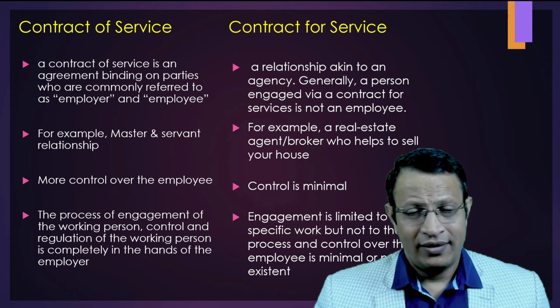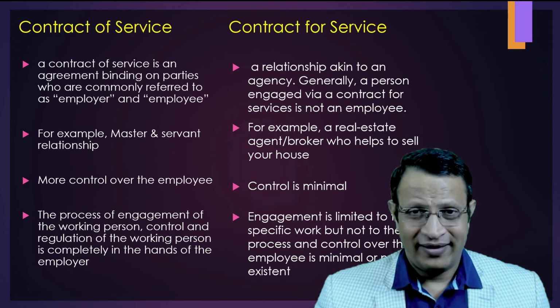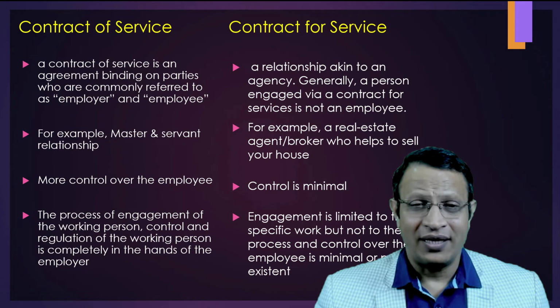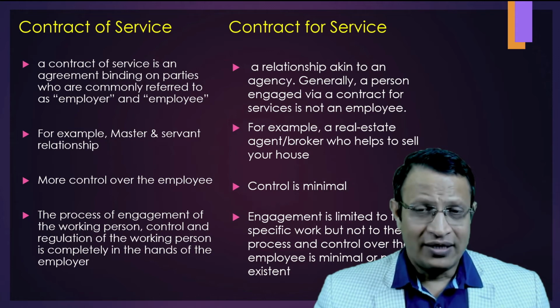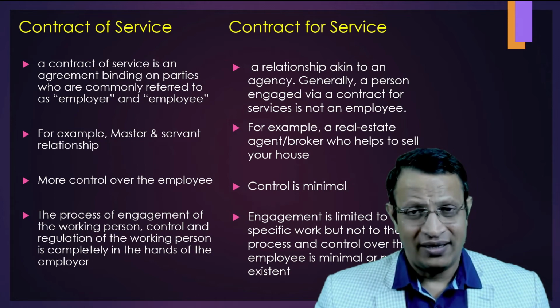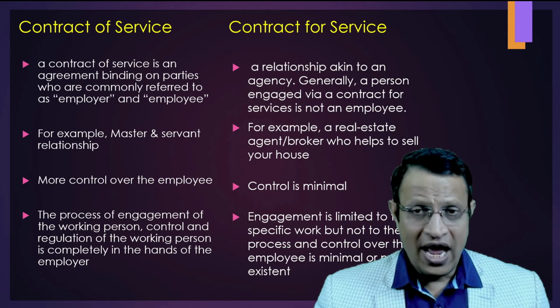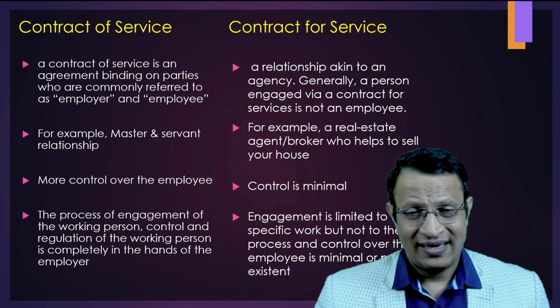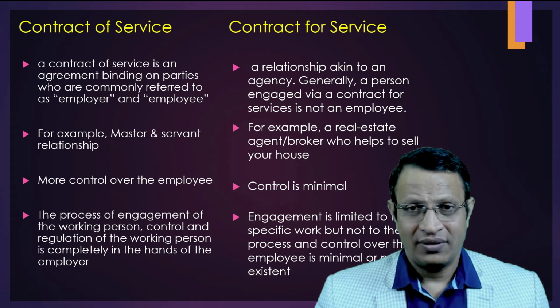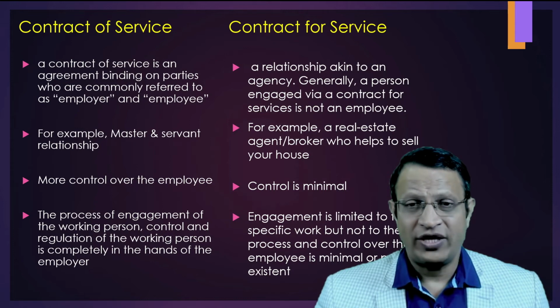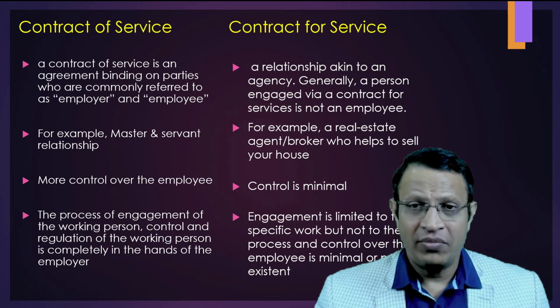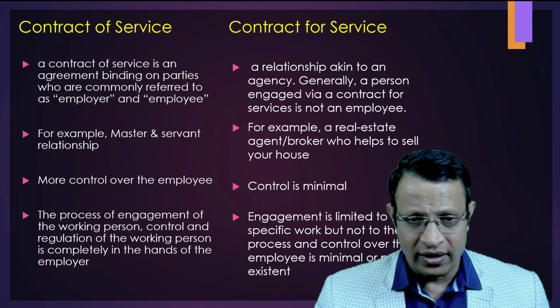Here, the employee is completely under the control of the employer. That means the servant is under the control of the master. And the master is going to dictate terms and also how the job has to be done. He is going to employ him and also fire him if he doesn't do the work.